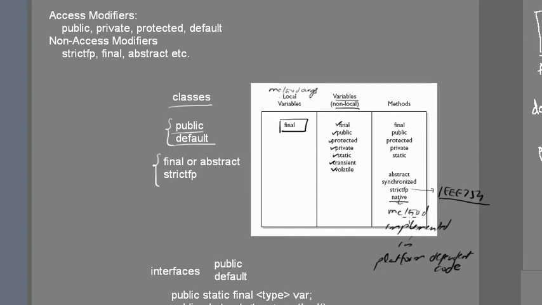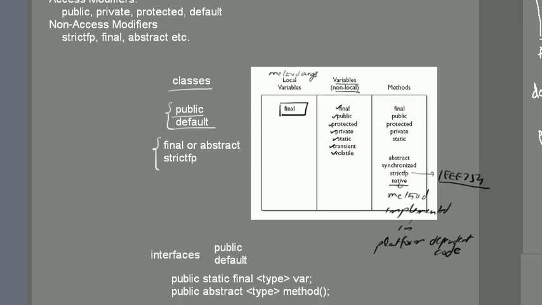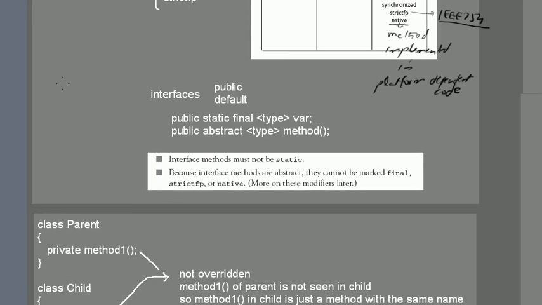A native method is a method implemented in platform-dependent code. Interfaces could have public or default access modifiers.